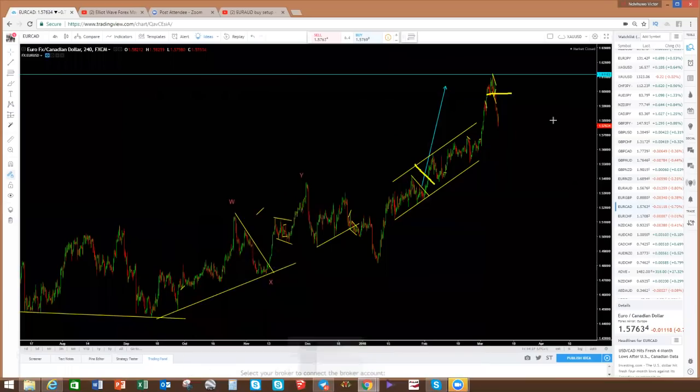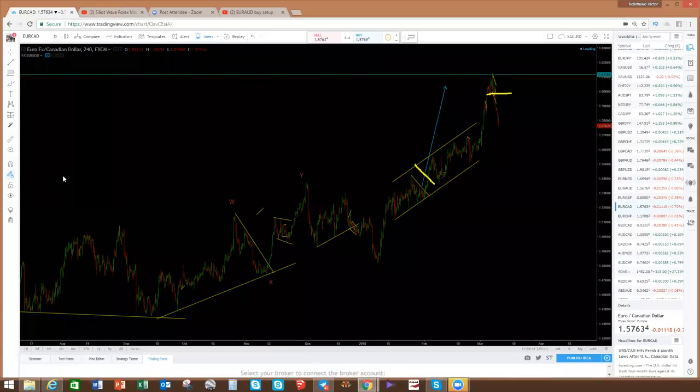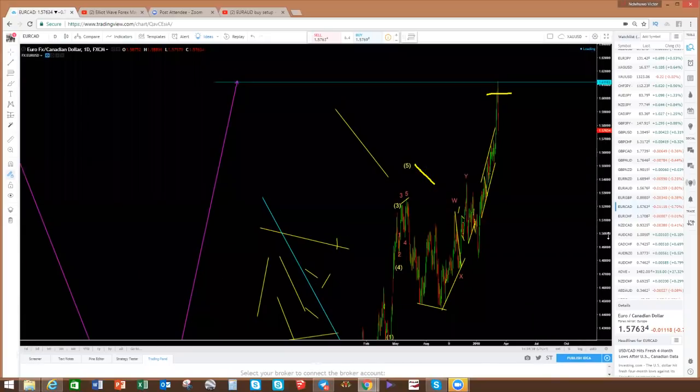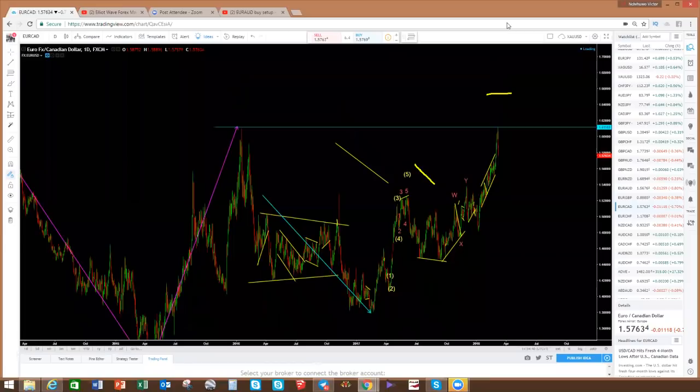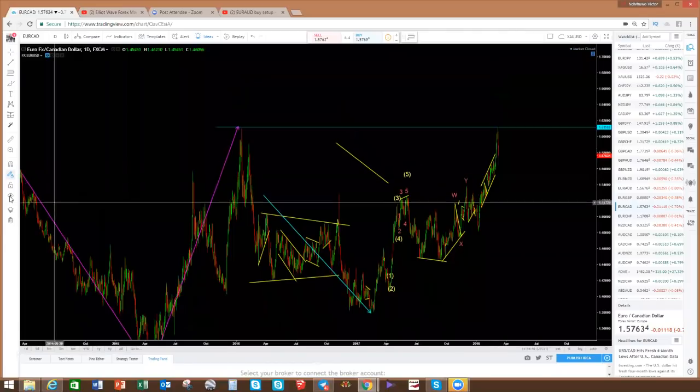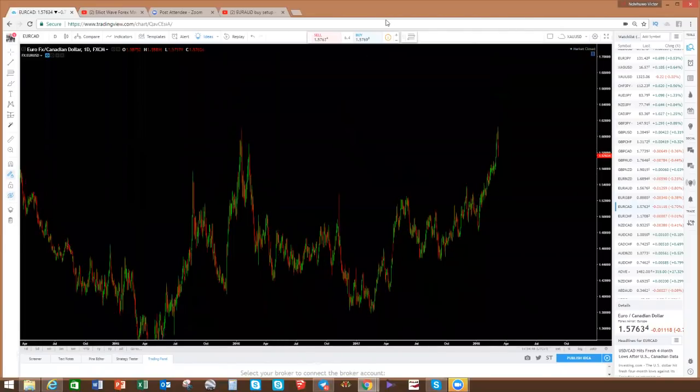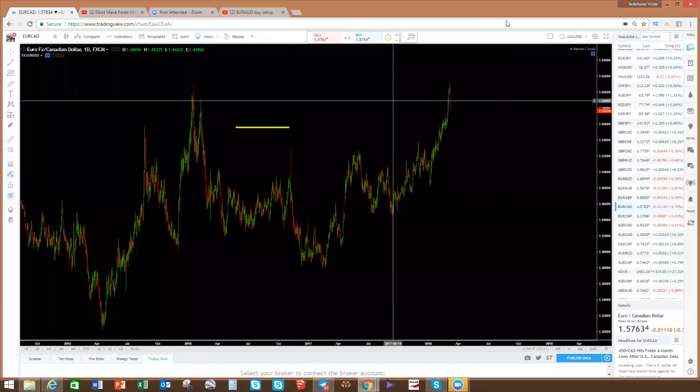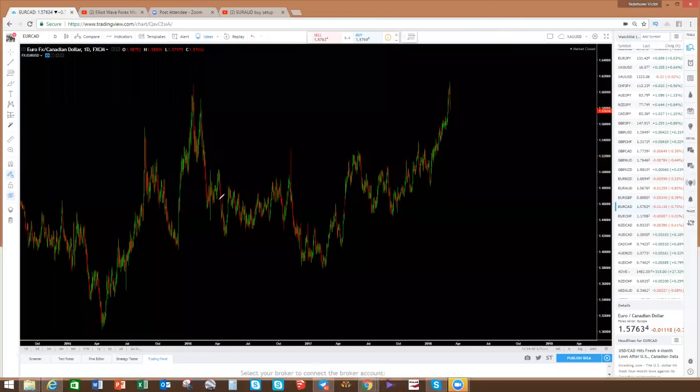Let me go back to the chart and show you what I was saying for the last couple of days. Every time I did this pair, I said, EURCAD must go back and retest the structure there. Must come back and retest here. Why did I want it to retest here?